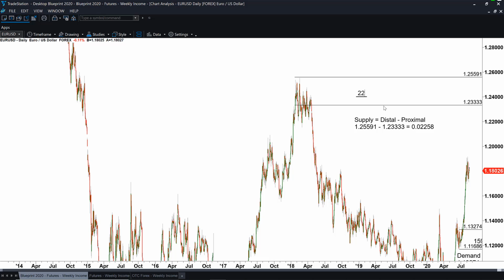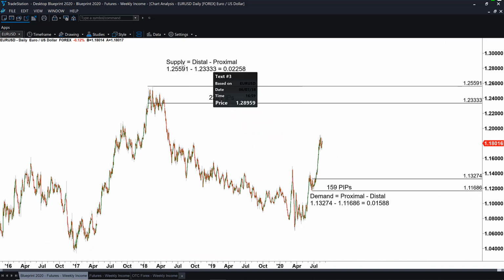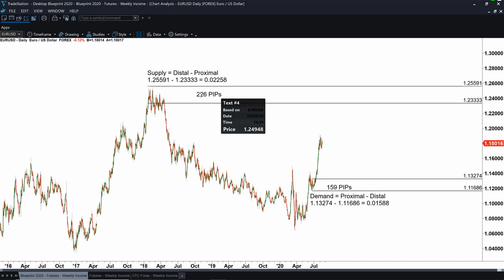So again, I'm rounding this up, which is 226 pips. So quite easy. I've got this zone, we set it already, we ballparked it, 226 pips.